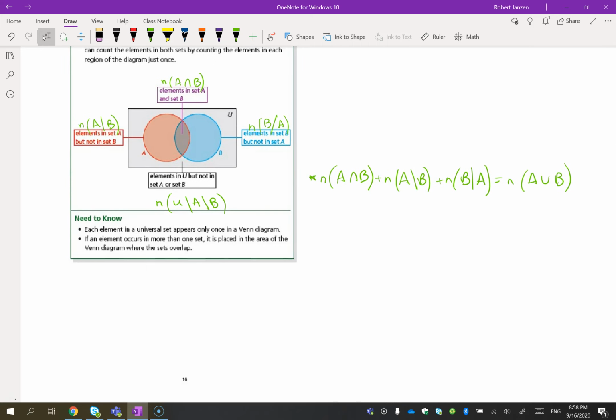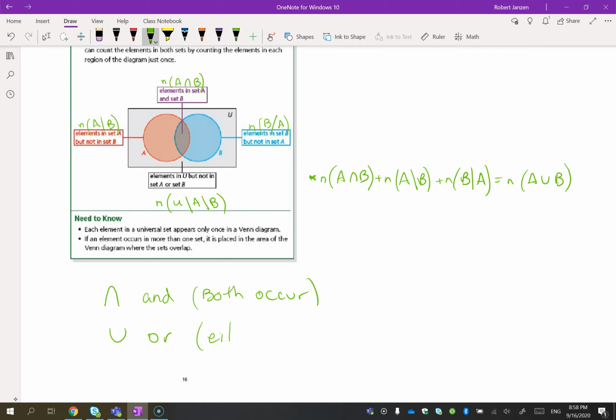I think that wraps it up. Maybe if you want to put this in your cheat sheet, let's just remind ourselves. This means and, in other words, both occur. And this one means or.